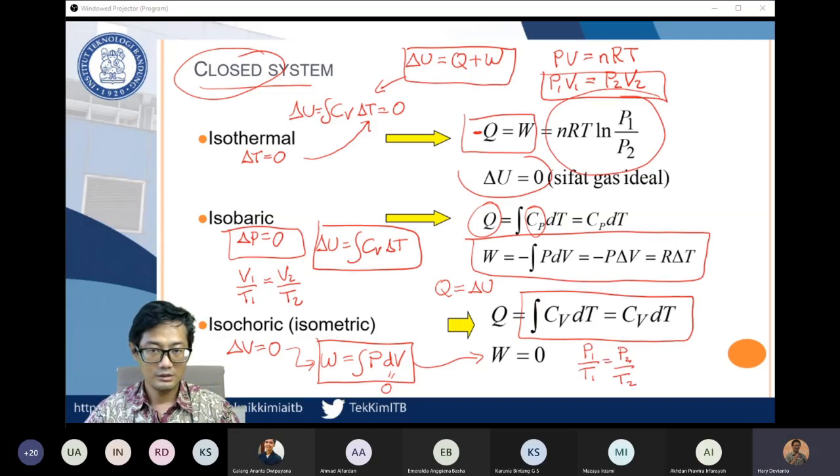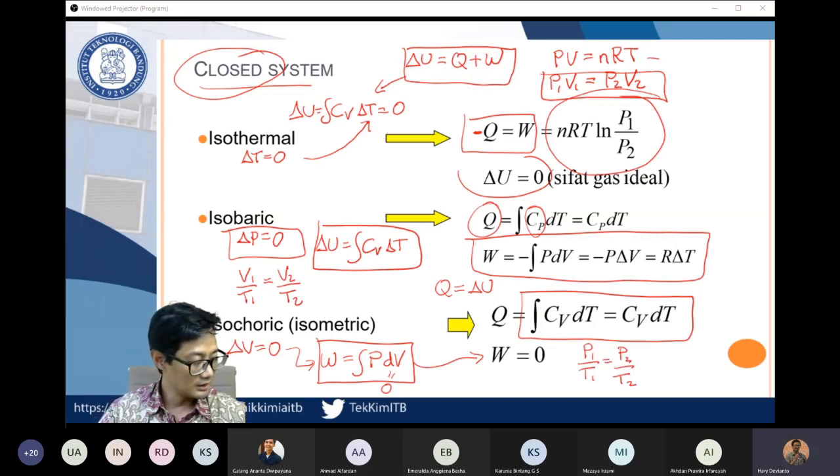Okay, so just remember from the initial one, you can use this relation: P1 V1 over T1 equal to P2 V2 over T2.